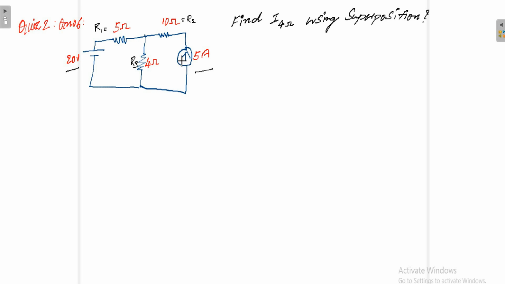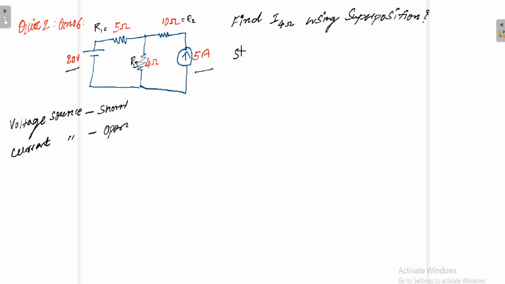In this case, we have to replace a voltage source with a short and a current source with an open. Voltage source is shorted and current source is open.